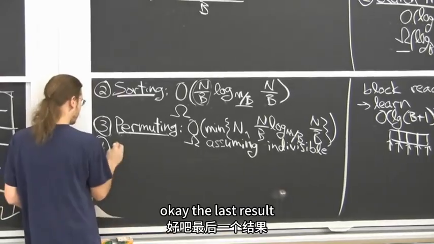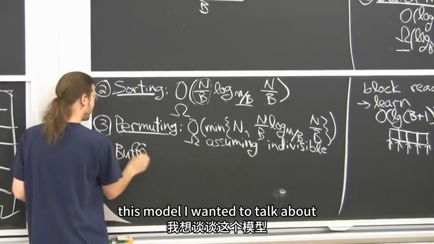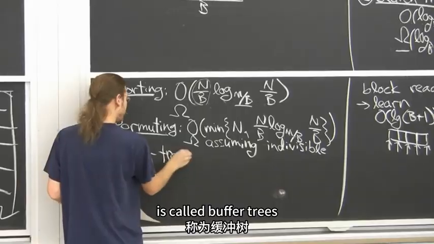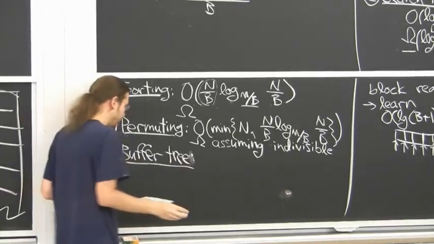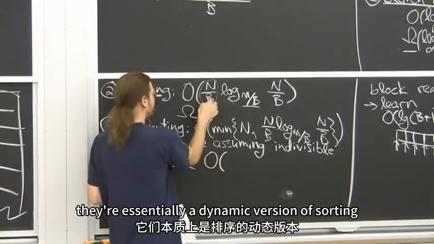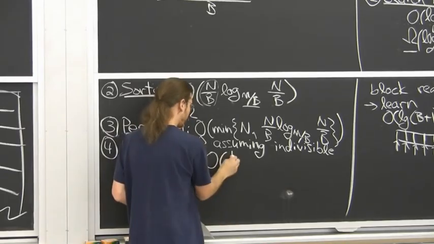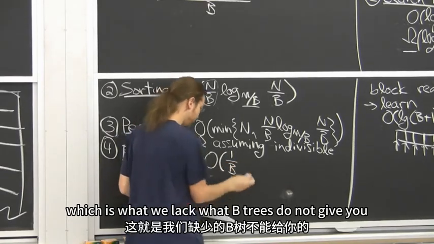Okay, the last result in this model I wanted to talk about is called buffer trees. Buffer trees are pretty cool. They're essentially a dynamic version of sorting, which is what we lack, what B trees do not give you.